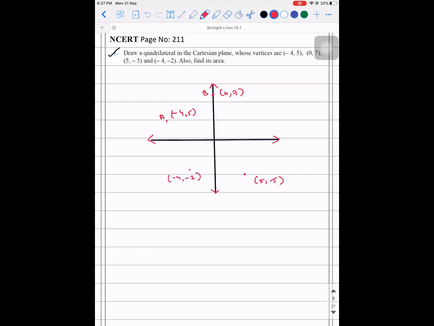Okay. When you join all these points, then you will get some random shape. It is not a trapezium or something. Okay. I've drawn some random diagram. So this is how the quadrilateral will be. The question is, they're asking us to find the area of it. So how do we find the area?